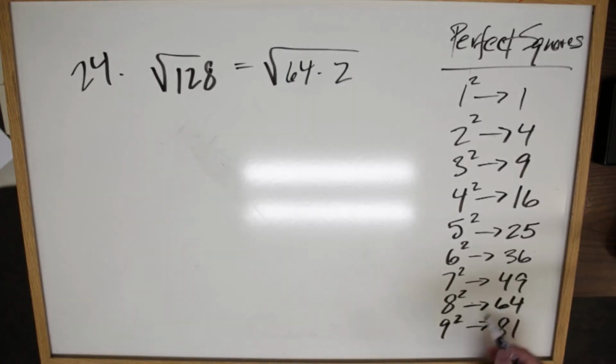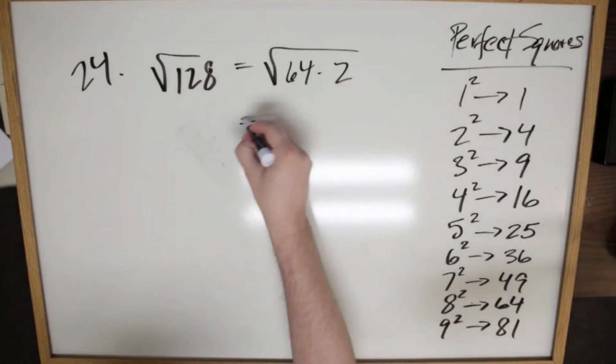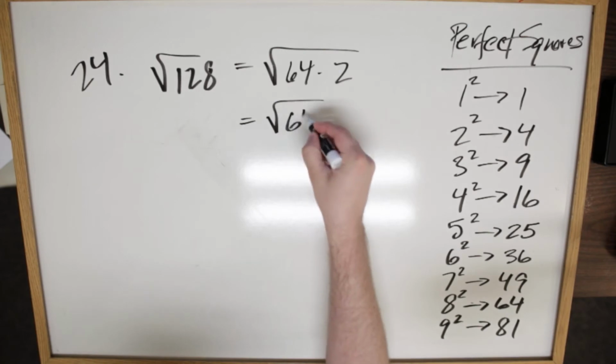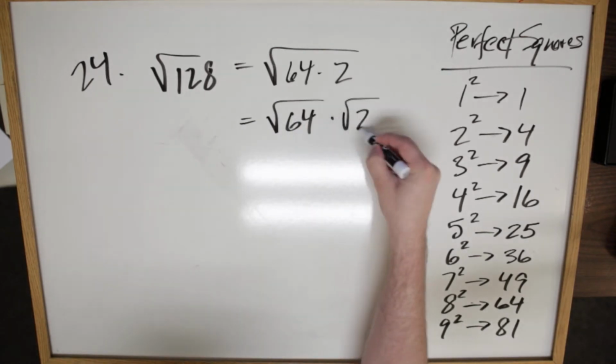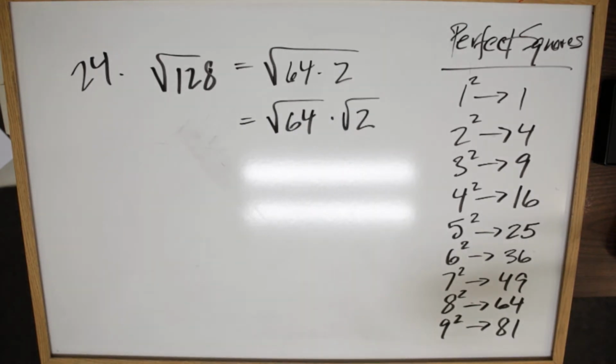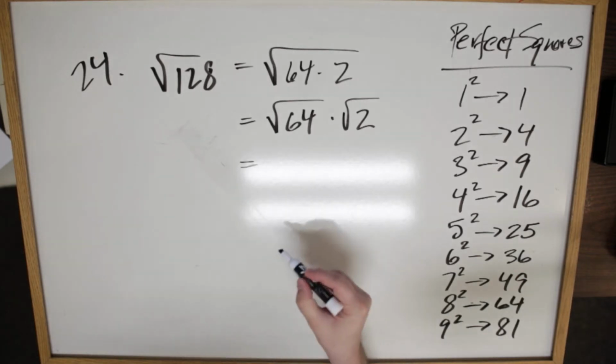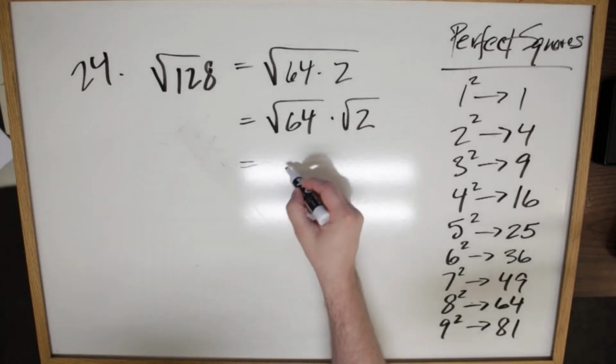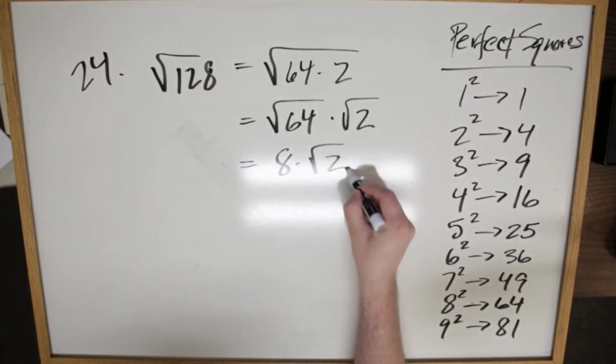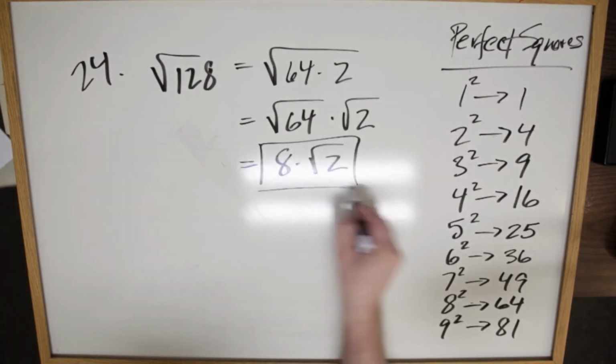Okay, so 64 is a perfect square. It's going to produce 8. So you can actually rewrite it as square root of 64 times the square root of 2. And then when you go ahead and do that, you will get 8 times the square root of 2. And that right there is our final answer. Okay.